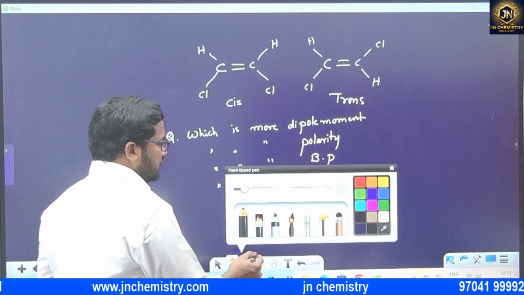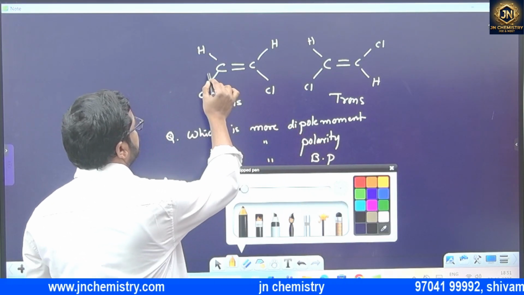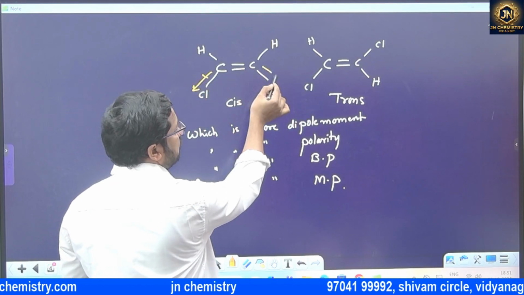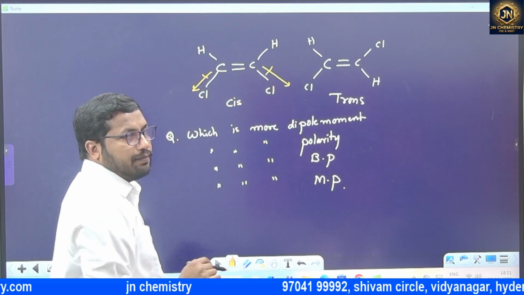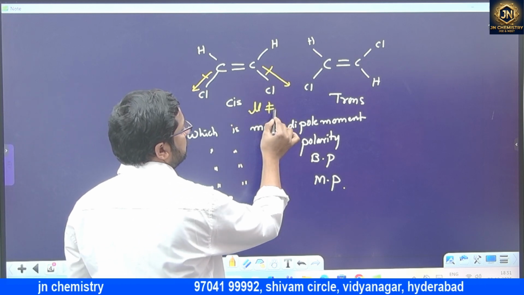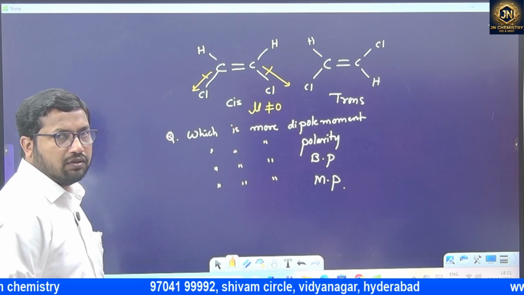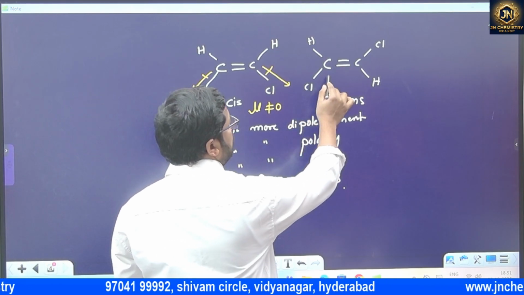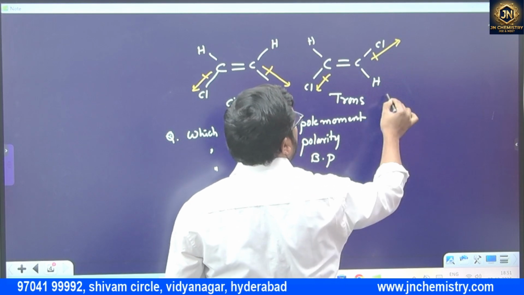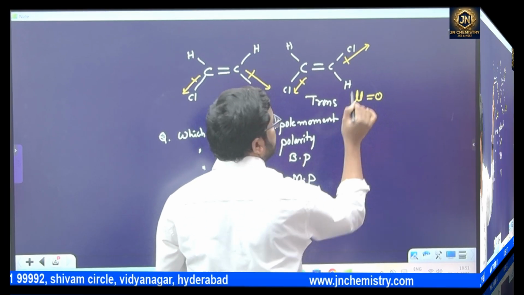So in this case, what exactly happened? Chlorine is more electronegative, right? The electrons are moving this side. Dipole moment is not equal to 0. Whereas in this case, the chlorines are on exactly opposite sides, so dipole moment is equal to 0.